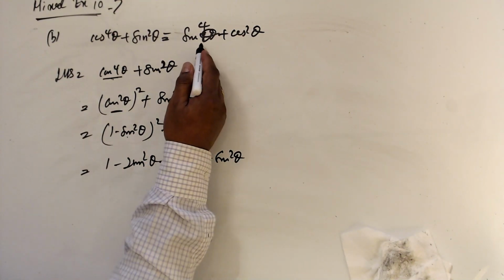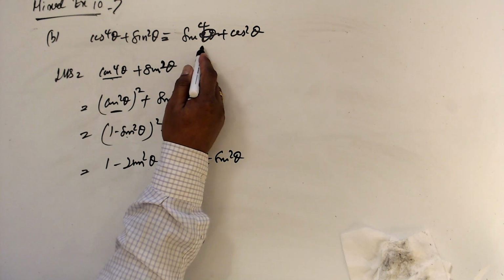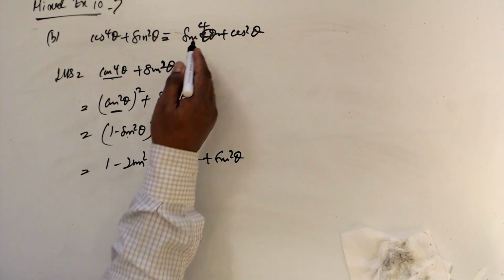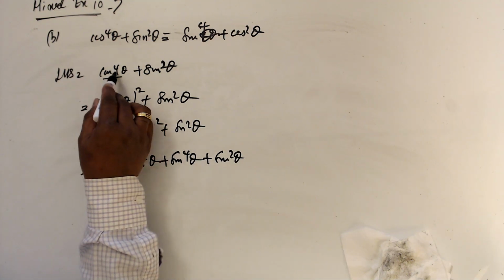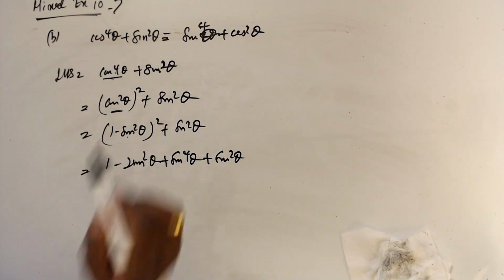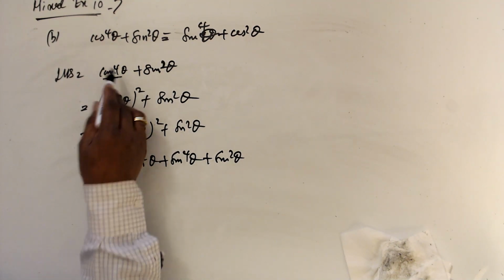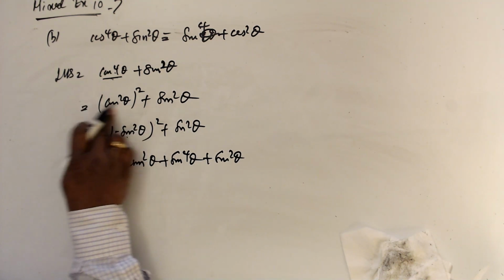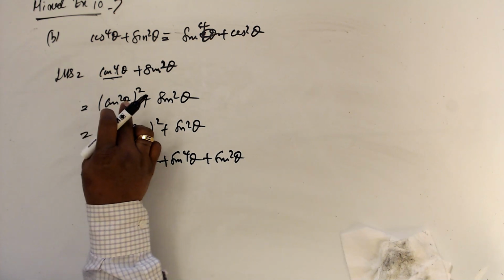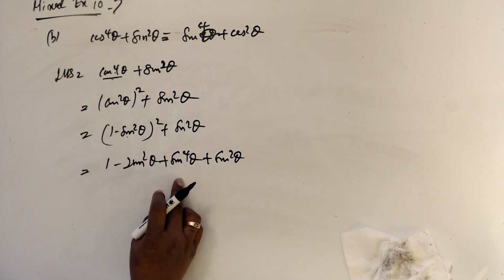1, 2 sine square theta, sine 4 theta, sine square theta. I was thinking how I'm going to make sine 4 here. Then sine 4, the fourth term. Then I have to touch the fourth term, not the second term. Square term. Fourth power. That's why I stay with this section. And then I write like this and I introduce.